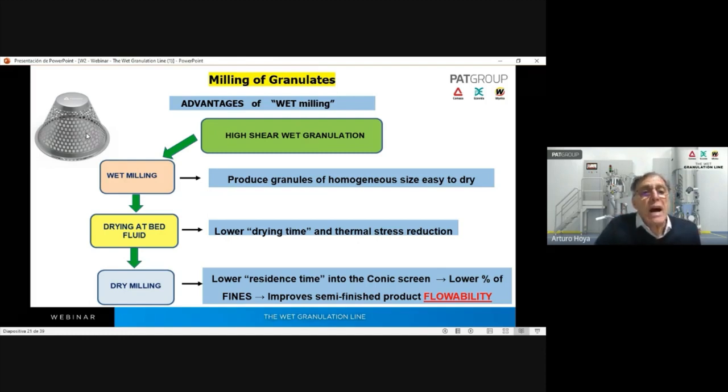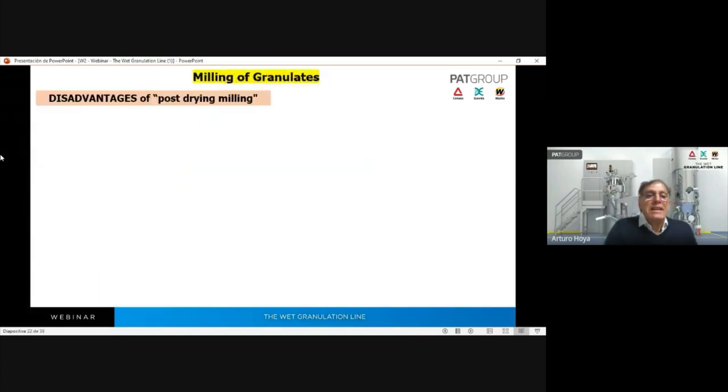The holes are bigger than the holes used in dry milling, because if you use a small hole with wet granules, they will burst, and it's impossible to continue.